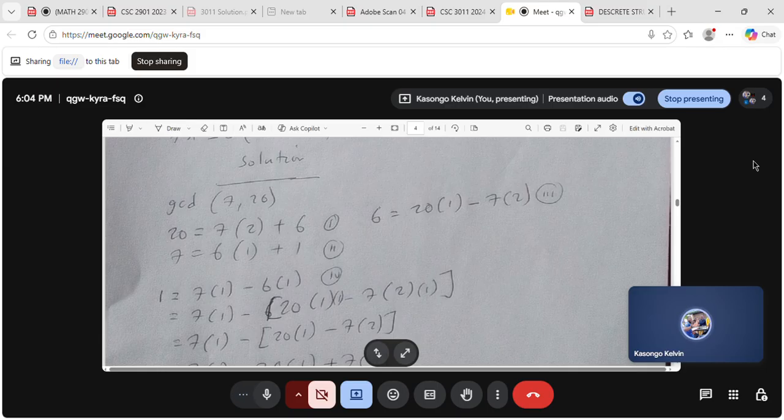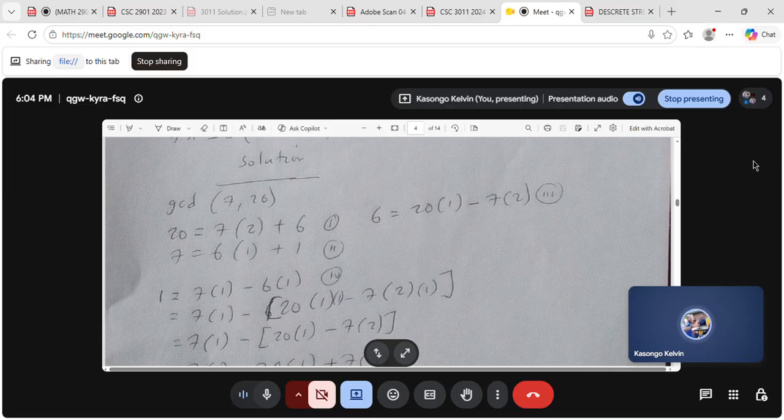The second last equation, does it make sense? Yes, it does. But the greatest common divisor, what is our interest? The GCD is just basically a remainder, not so?